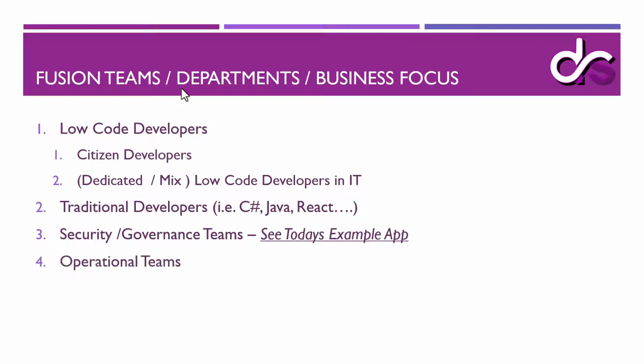And so as a result, we're going to look at today's example. And then, of course, you also have the operational teams within the organization. These are the people that are responsible for productivity, dealing with budgets, and things of that nature.